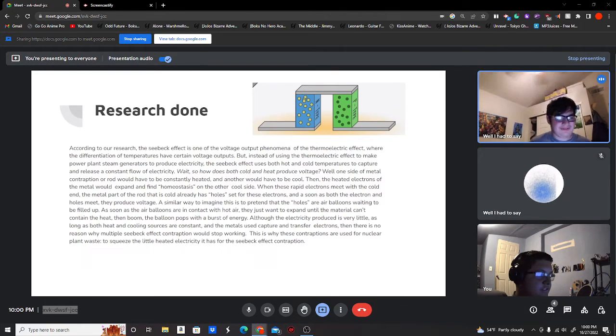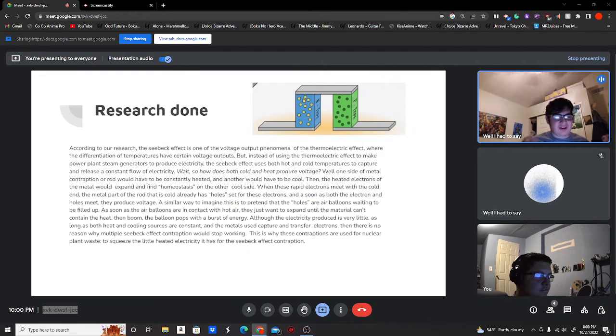Okay, so first of all, what even is a TEG? Well, a TEG, better known as a thermoelectric generator, is a generator that uses a metal rod with a cold end and a hot end. In this case, we're using a copper rod.